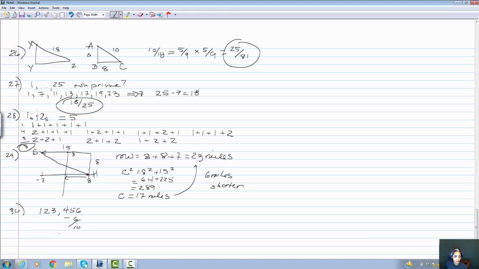Then she subtracts 5 and divides by 10, subtracts 4 and divides by 10, subtracts 3, divides by 10, and subtracts 2 and divides by 10.